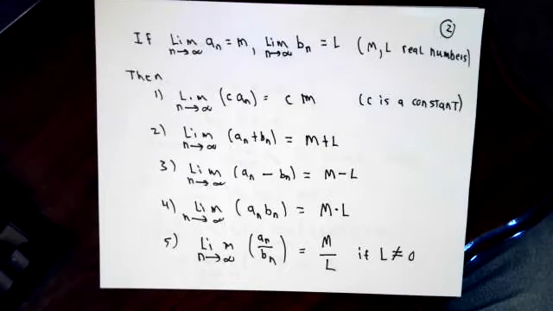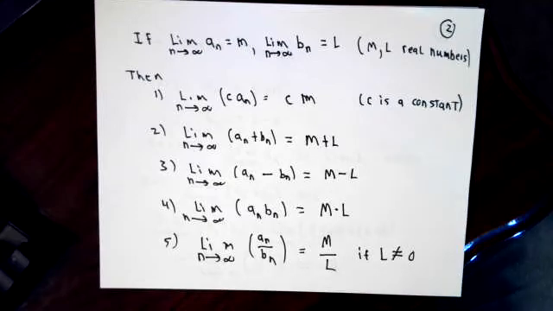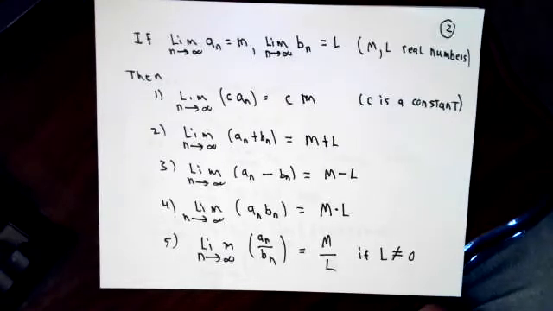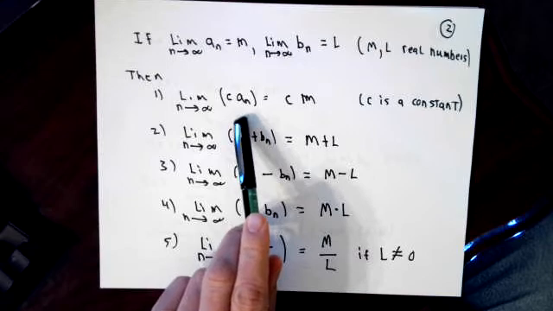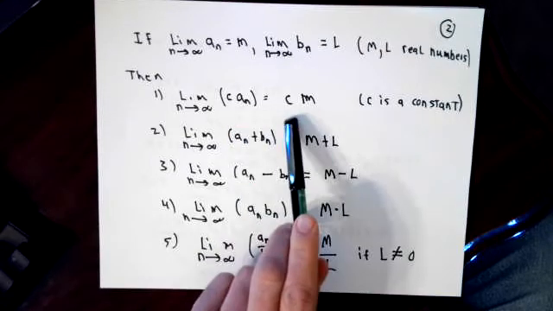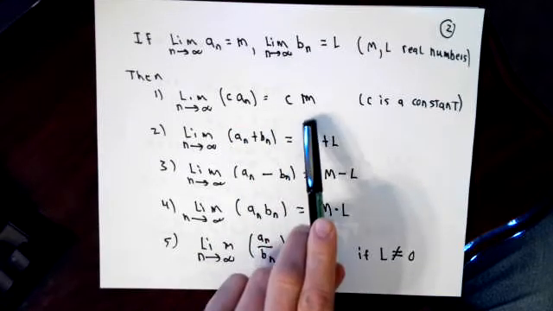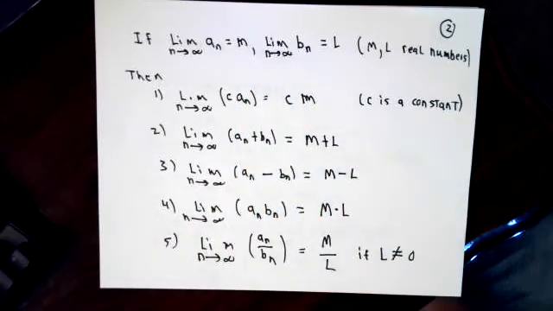If you have two sequences, AN and BN, both of which converge, that is, the limit as n tends to infinity of AN is some actual number m, as is the limit as n tends to infinity of BN, then the usual things that you think should be true of limits are in fact true. The limit of a constant times AN is the constant times the limit of the ANs.